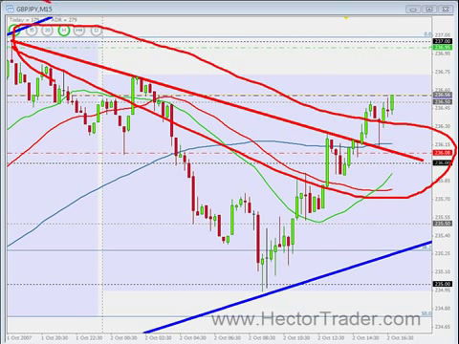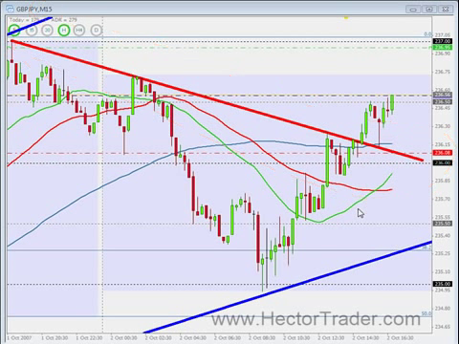This is the same chart, but on the 15-minute chart, which is my trigger chart, meaning the time frame I would actually look for an entry. Here we've had the breakout of this retracement trend line, which was tested there and there.